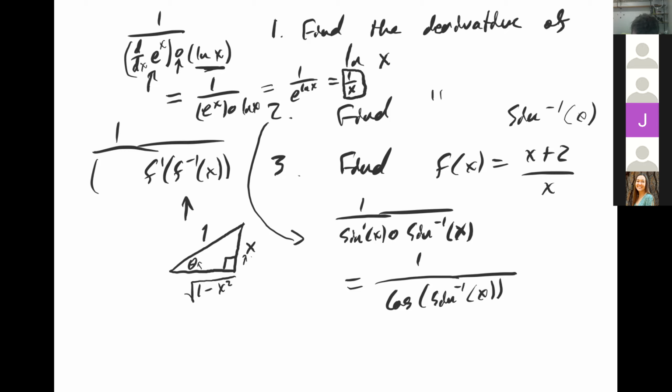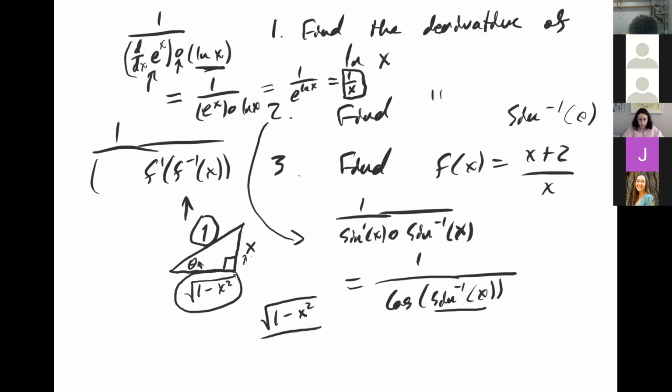And so then what's cosine of sine inverse of x? Well, that's just cosine of this theta. Cosine of this theta is adjacent over hypotenuse, and that's just the square root of 1 minus x squared over 1. And so we get the square root of 1 minus x squared, and of course that's in the denominator.